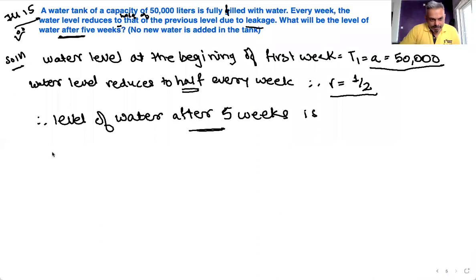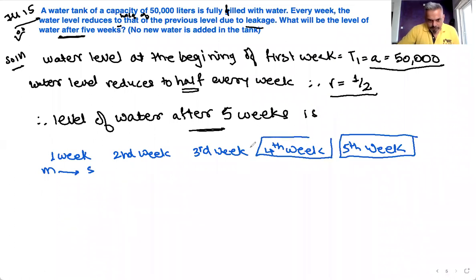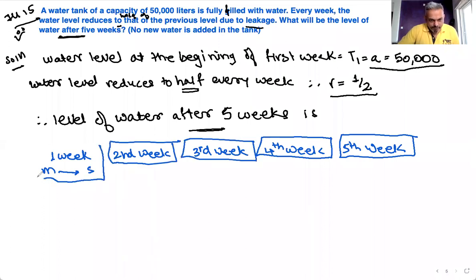You have to understand the concept like this: this is the first week, Monday to Sunday. Then the second week, then the third week, then the fourth week, and then the fifth week. Make a box. So these are all blocks of 7 days. Okay, Monday to Saturday or Monday to Sunday. Now, at the beginning, at this stage, we have taken A is equal to 50,000 liters.